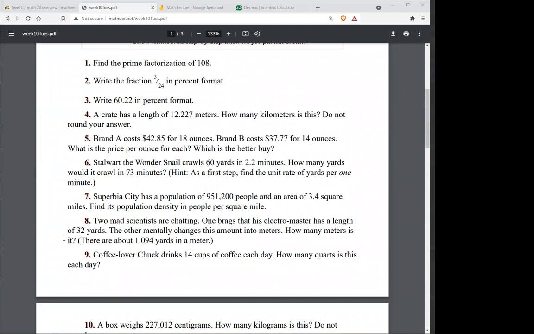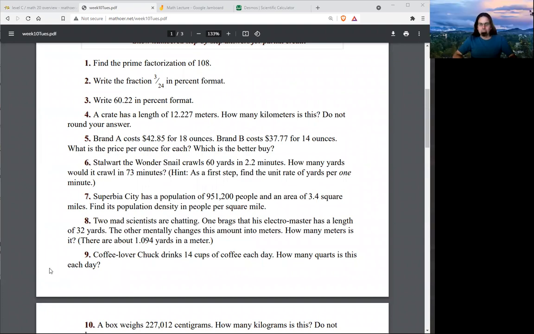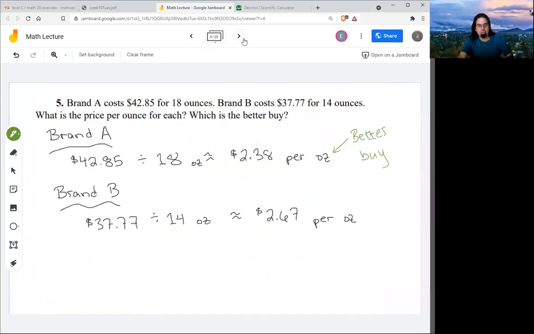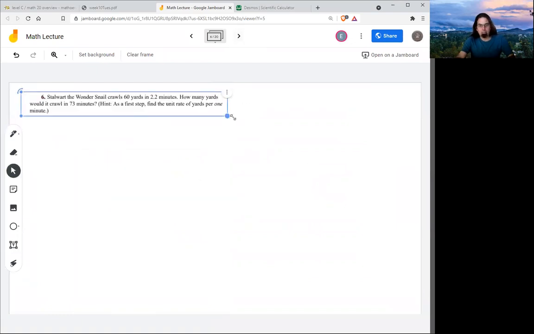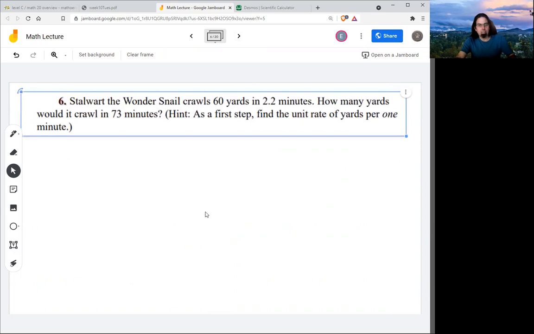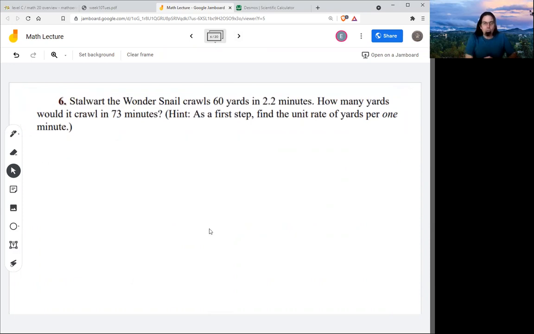Are you ready for number 6? Yes. So you could do this as a proportion. The hint is there mostly just because of the order that we were introduced to these topics. If you liked the proportion method, great.